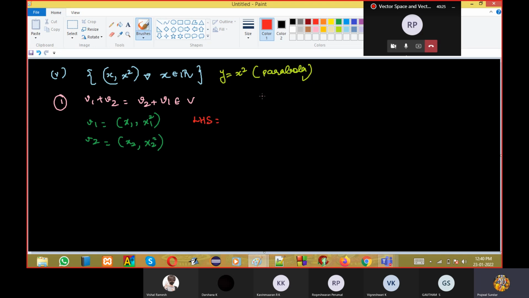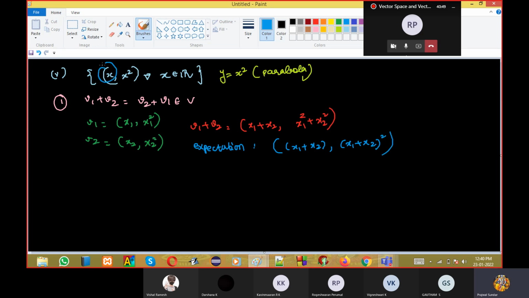If I add them, I'll get (x1 plus x2, x1 squared plus x2 squared). But my expectation is (x1 plus x2, (x1 plus x2) whole squared).